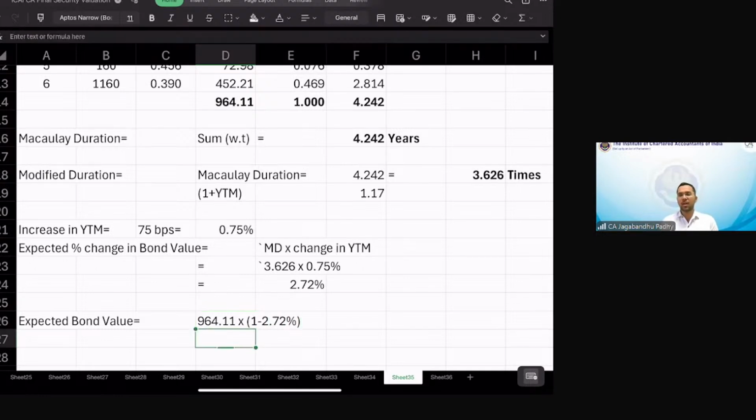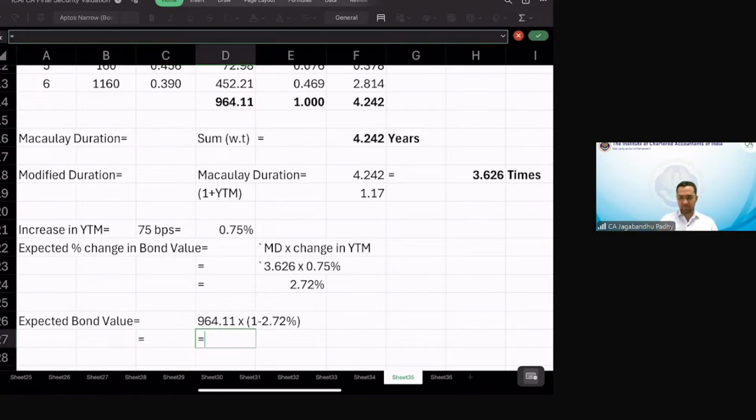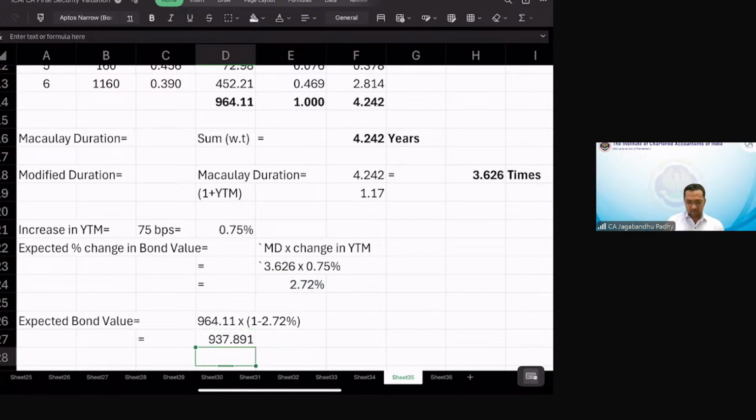So why are we doing 1 minus? Because there's an inverse relation. As the YTM has increased, the bond value has to fall. So 964.11 into 1 minus 2.72%. So the expected bond value will be 937.89. Yes. Are we getting this?